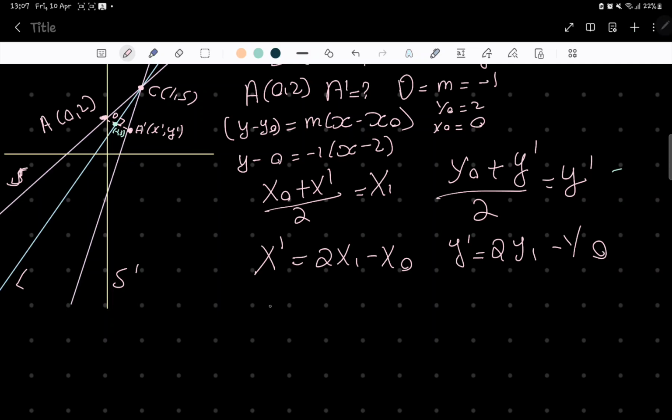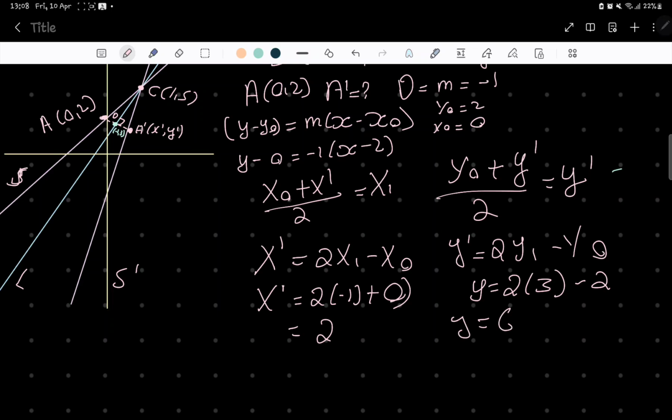So we plug in everything here. x prime is equal to twice of minus 1 plus x naught, which is 0, so x prime is going to be equal to minus 2. For y, we plug in twice of y1, which we got as 3, minus 2, which equals 6 minus 2, which is equal to 4.